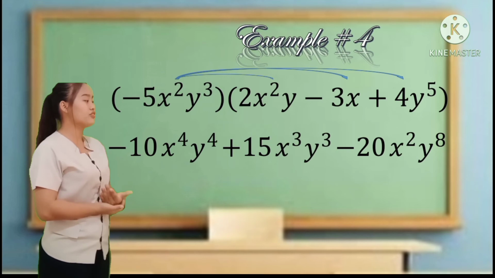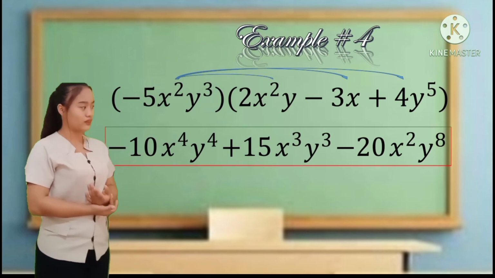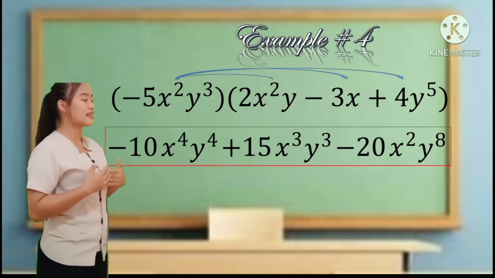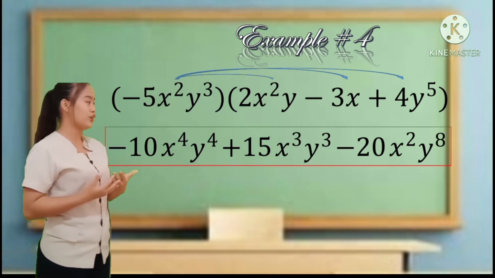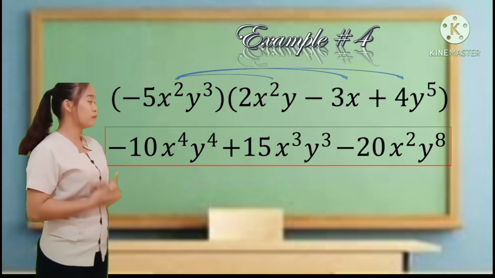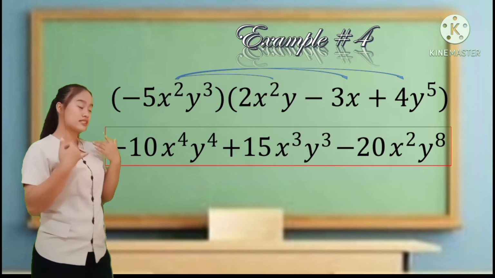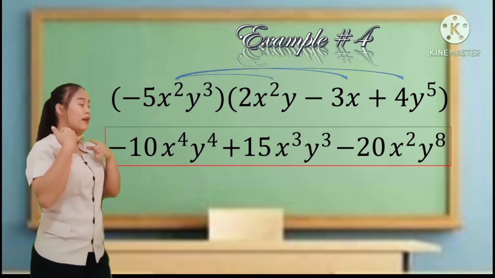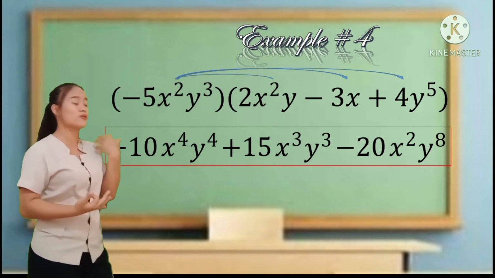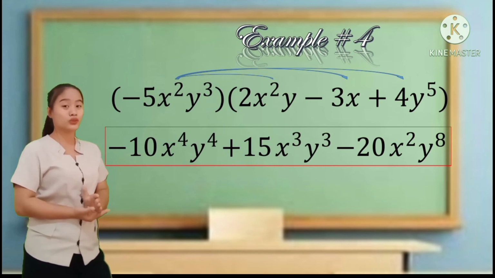So we have here negative 20x squared y raised to 8. Class, you see, it will become easier for you to solve any kind of multiplying polynomials if you have an idea of using the distributive property, the FOIL method, and most important, if you know how to use the laws of exponents.